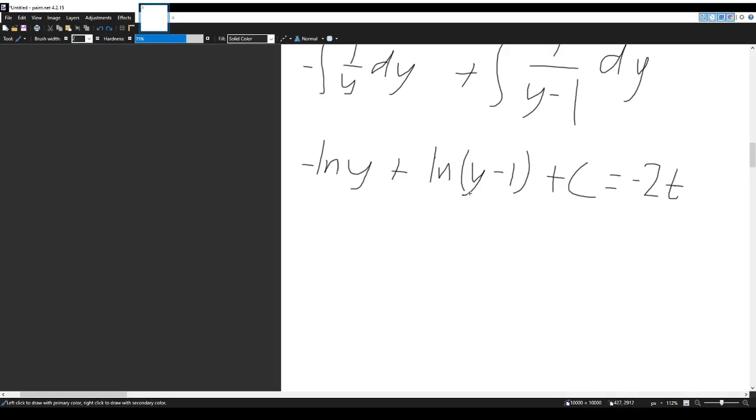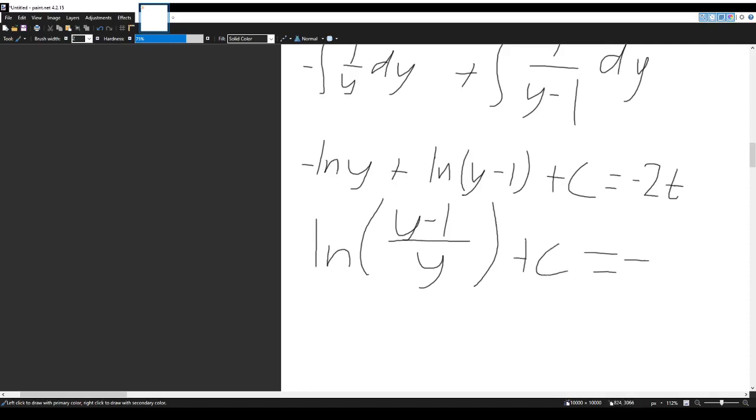So I'm going to switch the order of these just to make it easier, because subtraction goes to division inside the log. So I'm going to say ln of (y minus 1) over y. Because remember, this divided by y is the same as subtracting the natural log of y. And then plus c equals negative 2t.